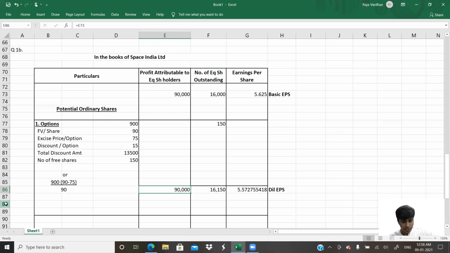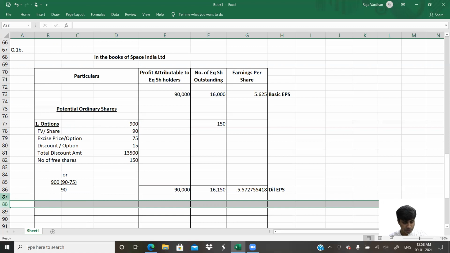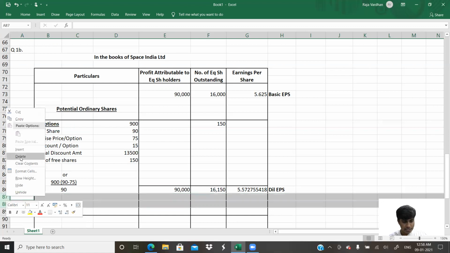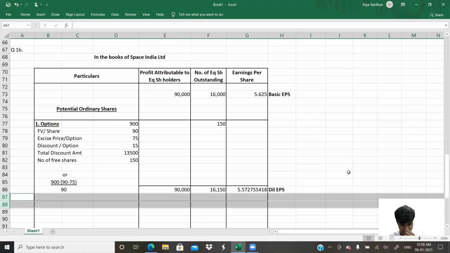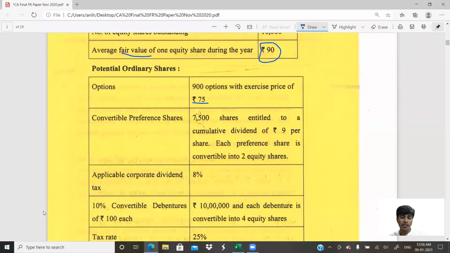Now let us go ahead and quickly solve the next one. Option 2. What do we do? I've been mentioning this to you several times. We will not be doing convertible preference shares.